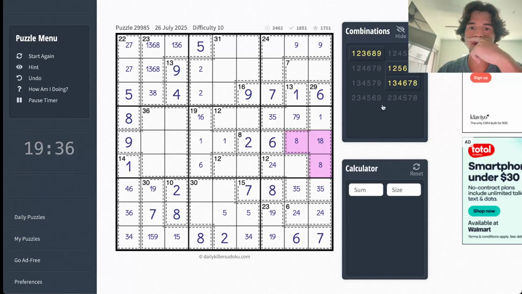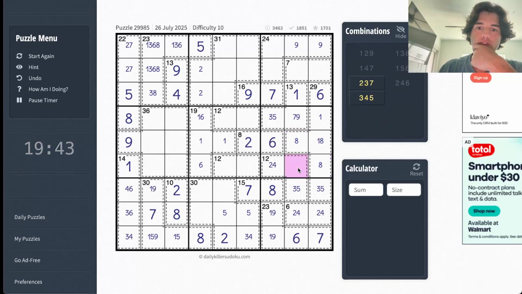Or 4, 7. 2 or 4 in that box. So that leaves 2 or 4 here. And then 3, 7, or 3, 5 in any combination here.